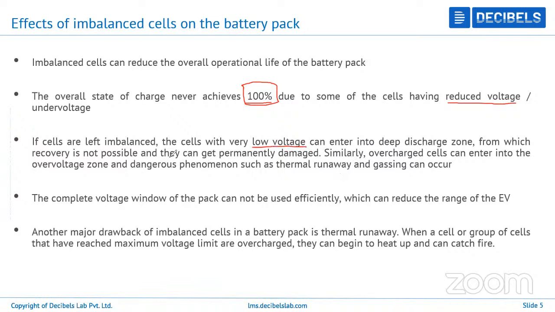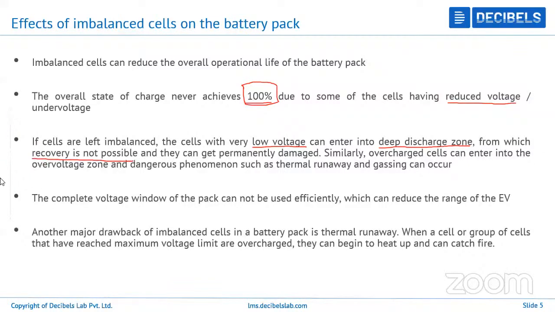Another thing is that if the imbalance continues, cells that have very low voltage can enter the deep discharge zone. We looked at the previous slide where we saw an example of a cell with very low voltage. Once it enters this deep discharge zone and is continuously exposed to it, recovery is not possible.